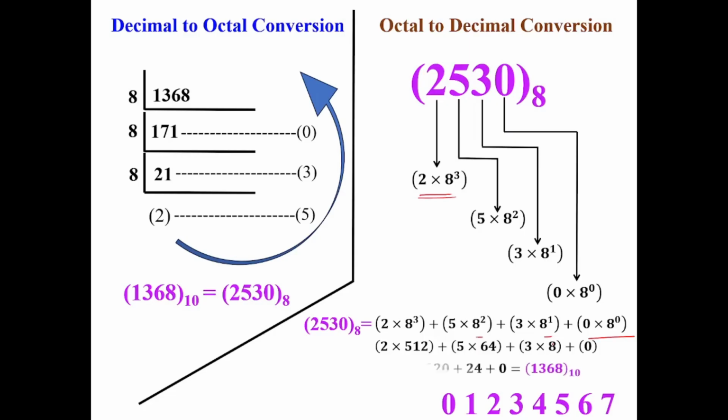If I add them, we get 1368, the same number we considered at the start. So this octal number converts to the corresponding decimal number 1368.